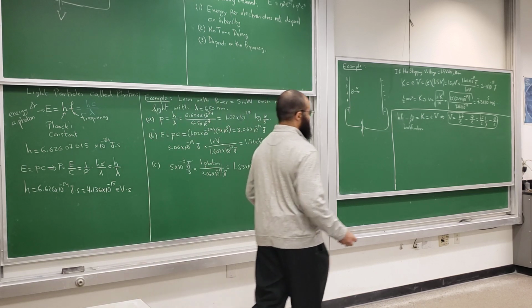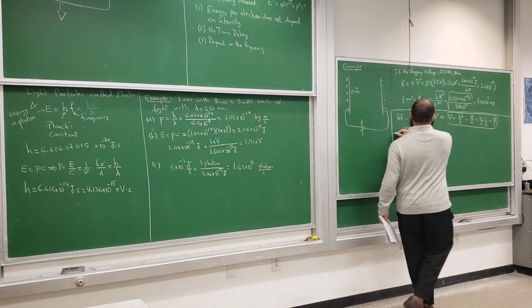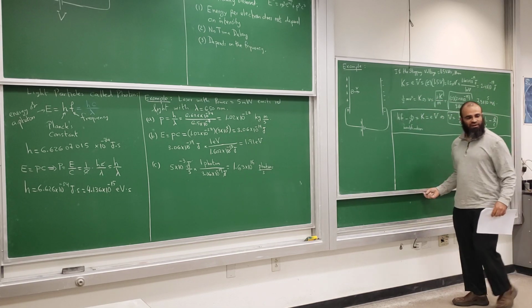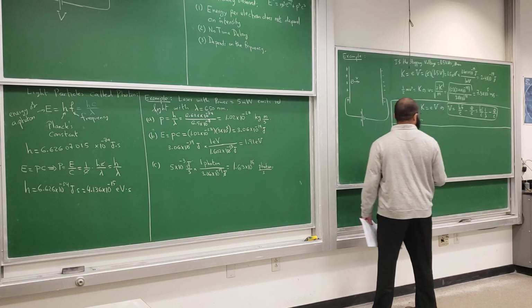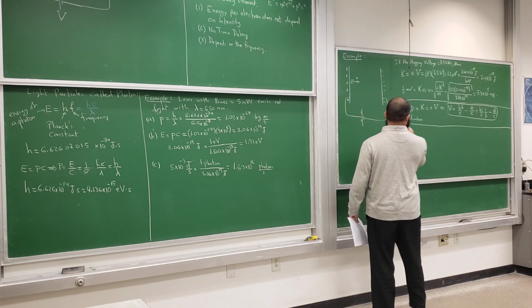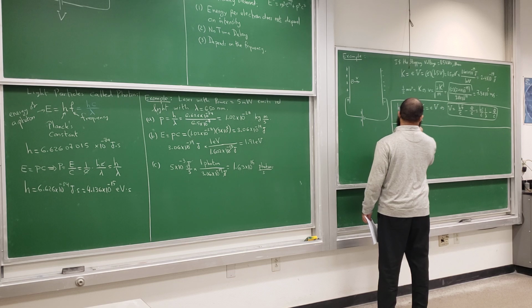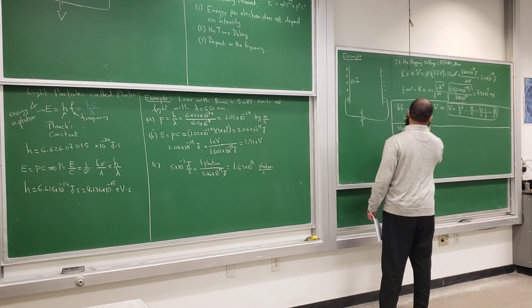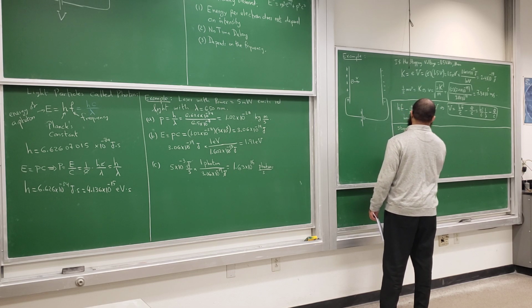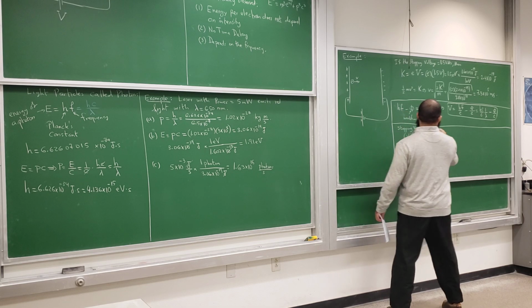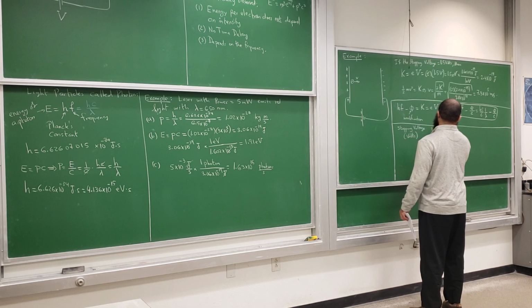Here's what we're given. You do the photoelectric effect experiment, and you find the following. Here is the stopping voltage, in volts, versus the wavelength, which is in nanometers.